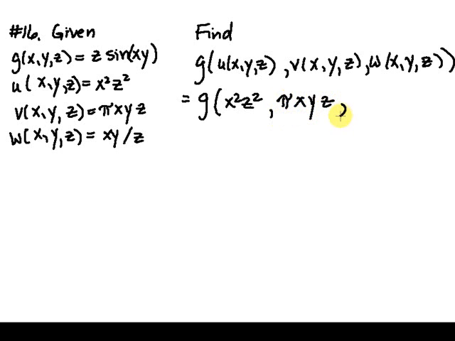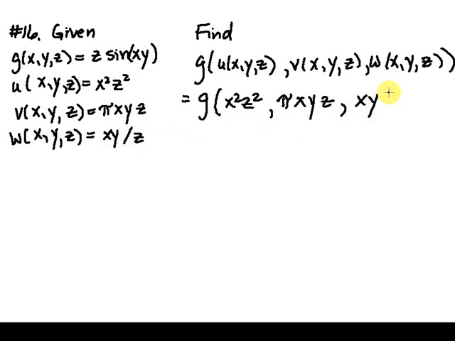Now let's move on to the third coordinate. So the third coordinate is going to be whatever w is equal to. W is equal to xy over z. So we're going to put that in over here.